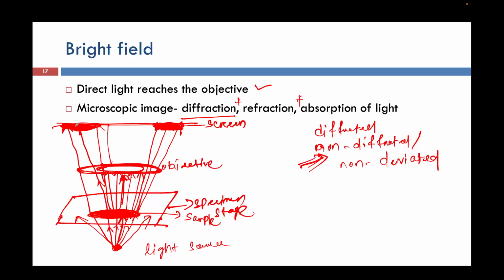Excuse me? Yes, sir. Your pointer is not visible to me. Which pointer? You are showing the objective lens and drawing it, but when you move it along the rays, we are not able to see it. Can you make your pointer a little bit bigger? I'm using the pen currently.